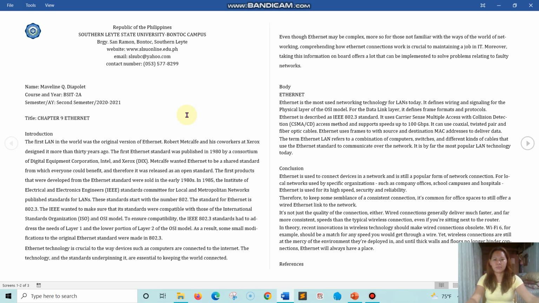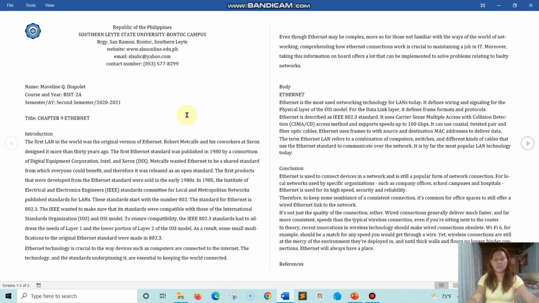In 1985, the Institute of Electrical and Electronics Engineers (IEEE) Standards Committee for Local and Metropolitan Networks published standards for LANs. These standards start with the number 802. The standard for Ethernet is 802.3. The IEEE wanted to make sure that its standards were compatible with those of the International Organization for Standardization, or ISO, OSI model.